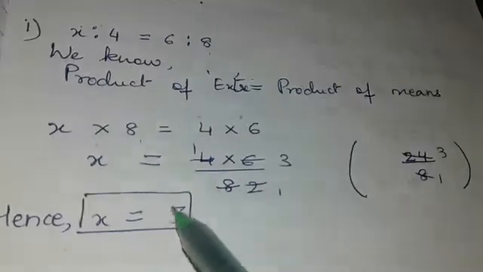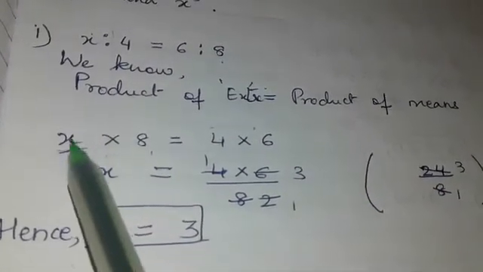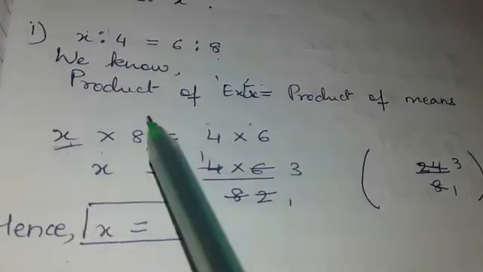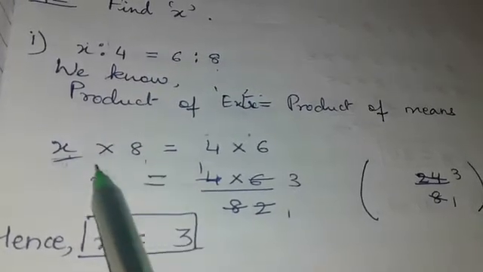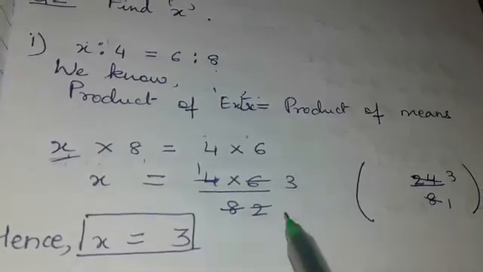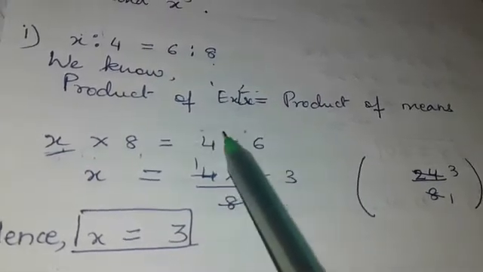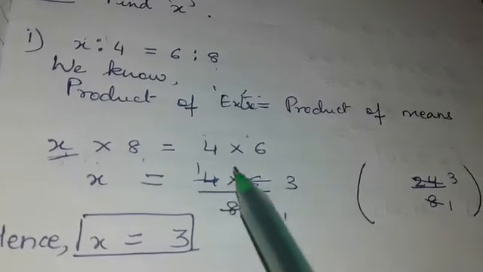In this case, I have to find out x. So I'll keep x here itself in LHS, and I'll transpose this 8 to RHS. Now here you will see 4 and 6 are already there in RHS, so let them be the way they are.